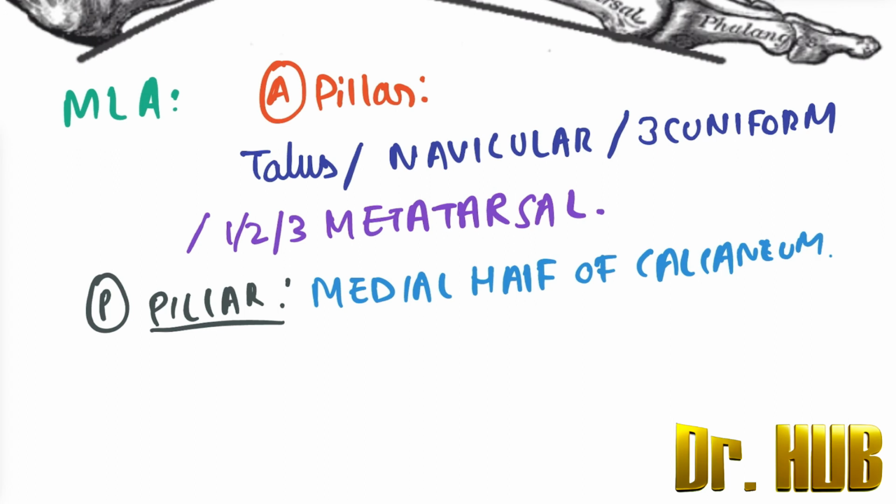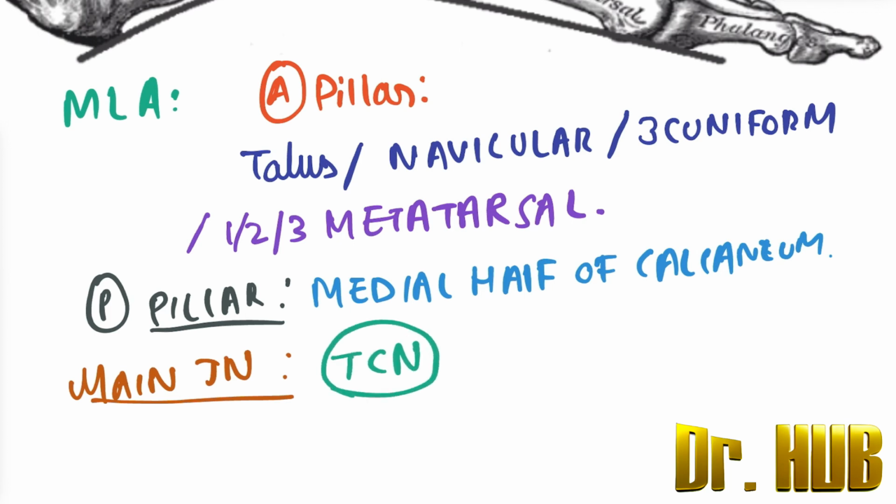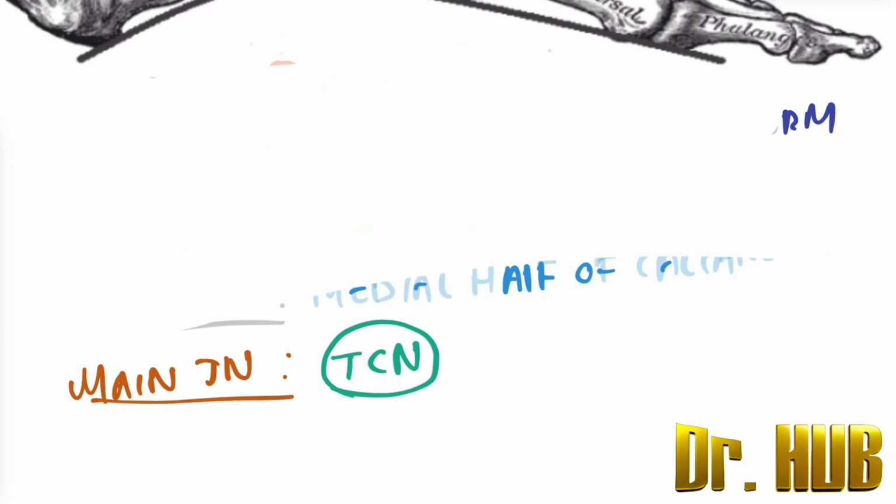Then we move on to the main joint which is involved. What is the main joint in terms of the medial longitudinal arch? The main joint is the TCN. TCN here stands for the talocalcaneo-navicular joint. So what is the summit?